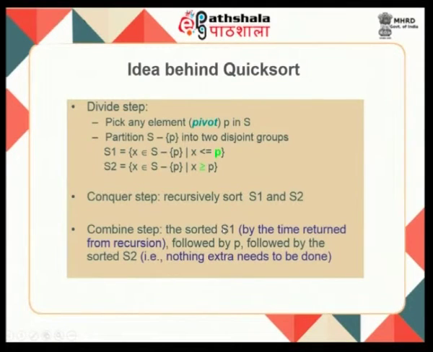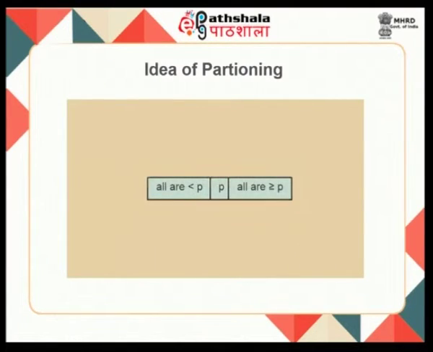That means sorted list S1 followed by the pivotal followed by the sorted list S2 to get the final sorted array. So, this is the core theme of this particular sort.